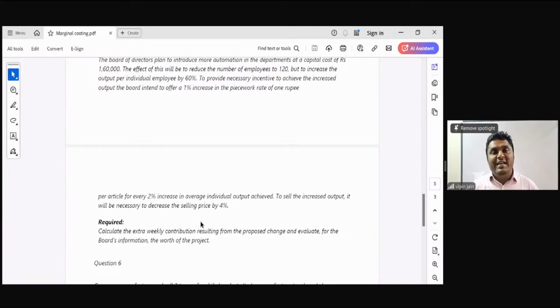Further, since their productivity has increased by 60%, they have to be rewarded. That is 1% incentive for 2% increase, and it will be given on the piece rate per article, and the piece rate is given, that is 1 rupee. So you are required to advise the management whether this change should be implemented or not. So you are required to calculate the extra weekly contribution because of this change.